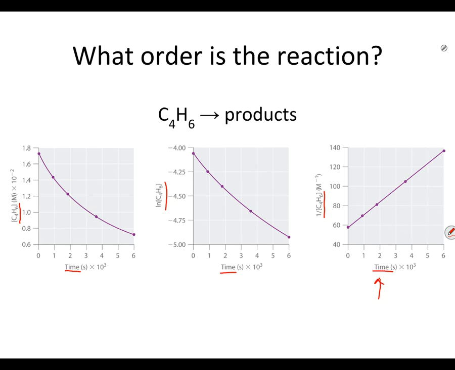Looks like the straightest line that I have. And so we would say that 1 over the concentration of our reactant versus time, that means this reaction is second order, and the rate law expression would be R equals K times C4H6 to the second power. And we can tell all of this just by examining the graphs.